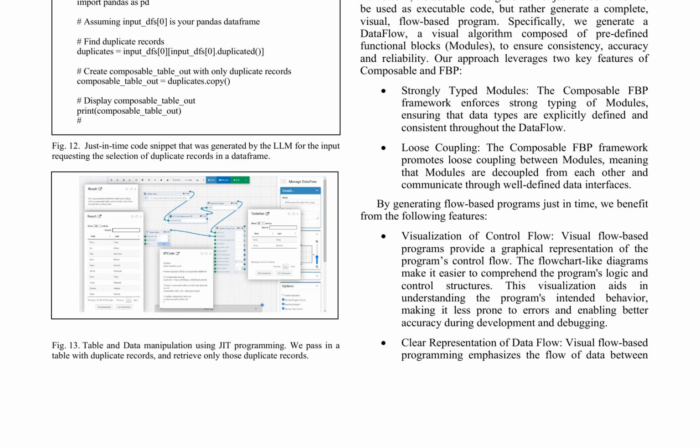The FBP framework allows for the visualization of control flow and data flow, making it easier to comprehend the program's logic and control structures. This approach also promotes loose coupling between modules, enabling easier modification and maintenance of the program. By generating visual, flow-based programs, the authors ensure trust in the generated code, providing a graphical representation of the program's control flow and data flow.